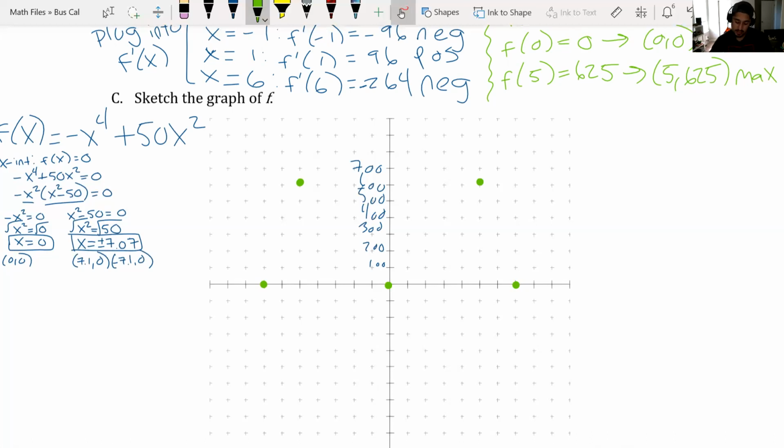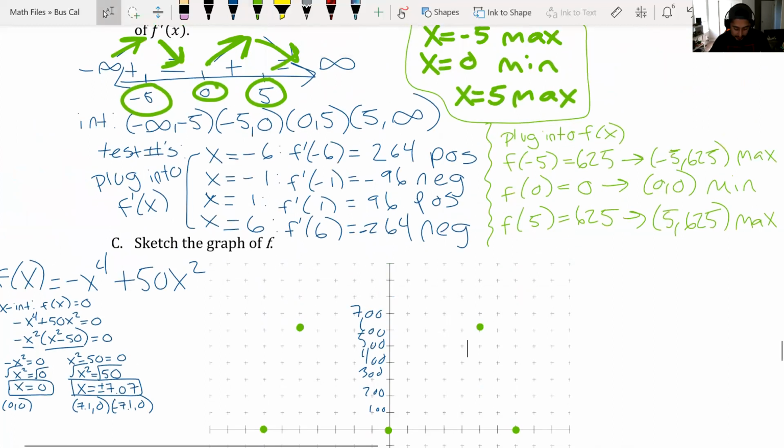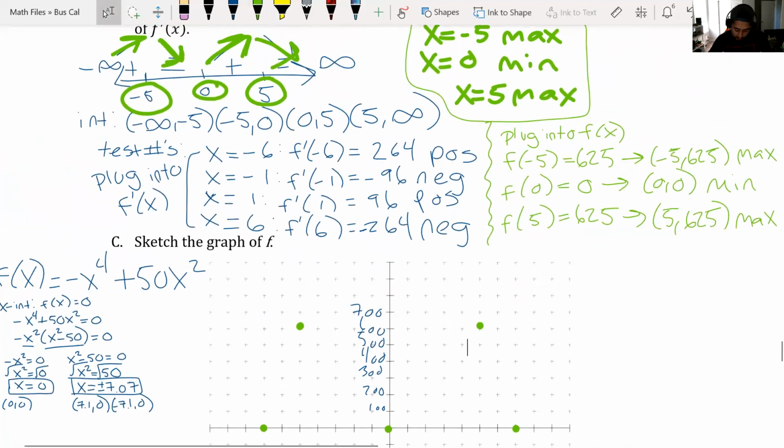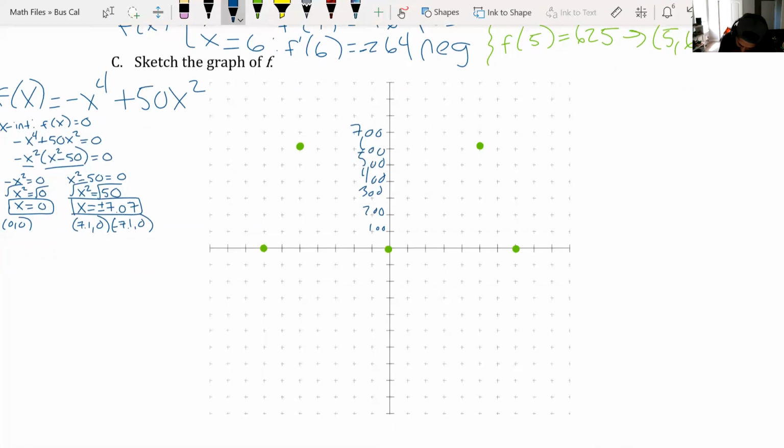There's that. And now let's follow our sign chart, which says from negative infinity to negative 5, we are increasing. This is what it looks like. And then from negative 5 to 0, we are decreasing.